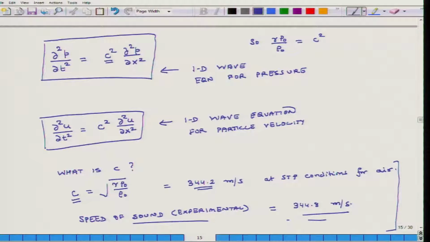What we have done today is develop the 1D wave equation for pressure and particle velocity, and define c as the square root of gamma p naught over rho naught, and for air at standard temperature and pressure its value is 344.2 meters per second, which happens to be very close to the speed of sound. In the next class we will explain the relationship between the speed of sound and the parameter c.